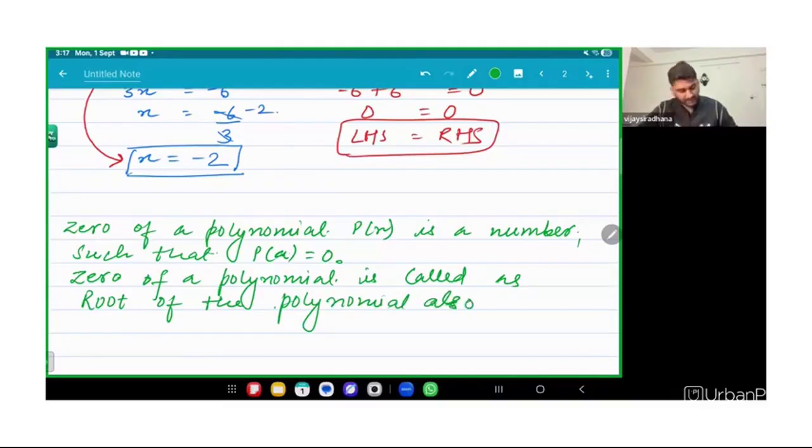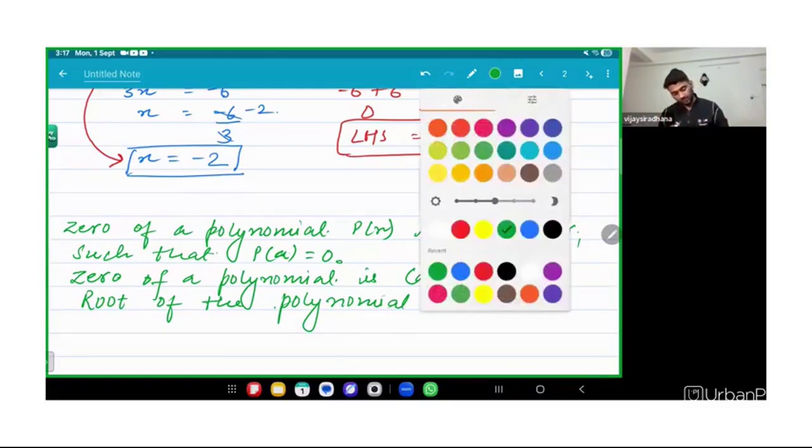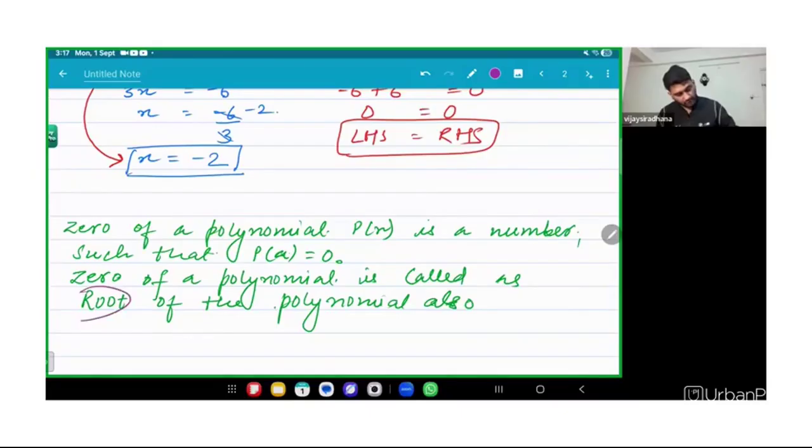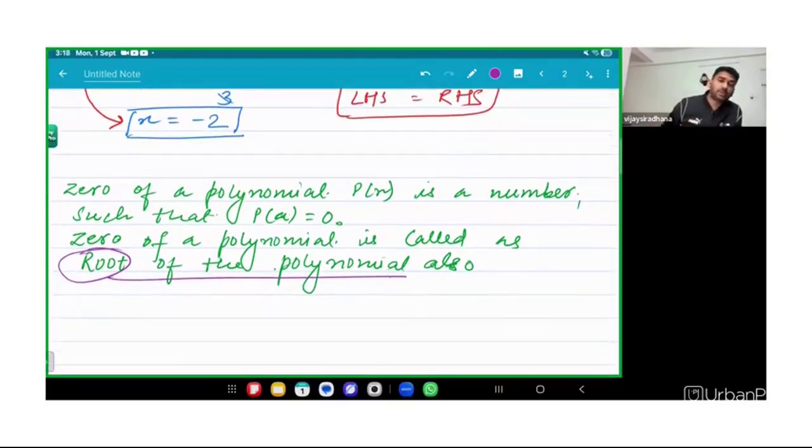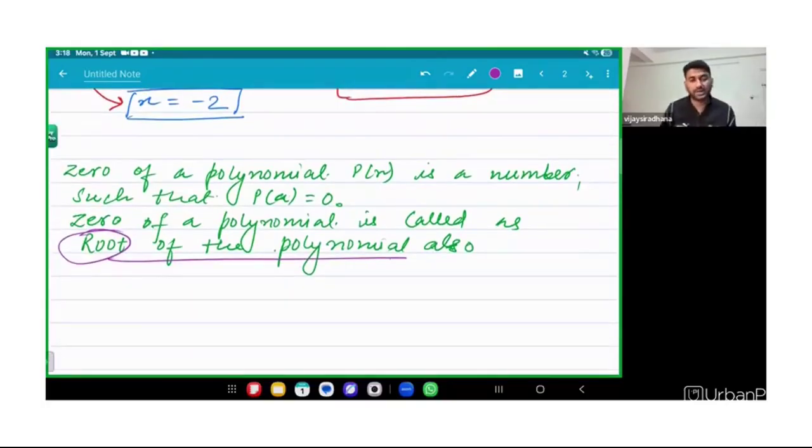You shouldn't forget that the zero is nothing but the root as well. You will be getting more types of questions about roots in the next chapter, and as well as the roots in class 10th for the quadratic equation.